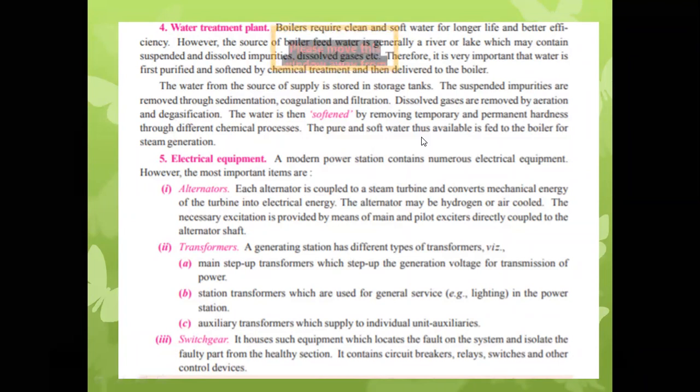Over there, various types of pumps, various conveyor belts, forced draft fans and induced draft fans are required, and lighting is required inside the steam power station. So to run this electrical equipment, we require small rating transformers. That should be treated as a unit auxiliary transformer.